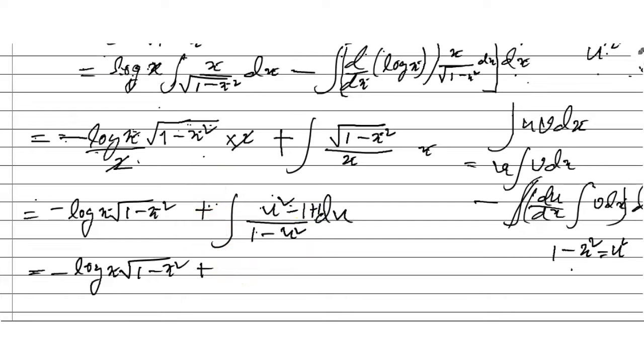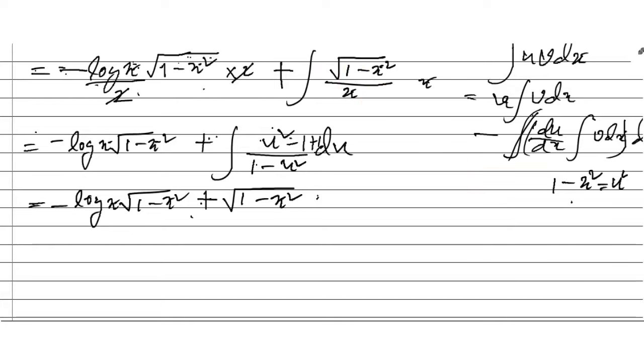So plus root over 1 minus x square, because what you see, u square, 1 minus 1 minus u square divided by 1 minus u square, then this way it can be written minus du divided by 1 minus u square.